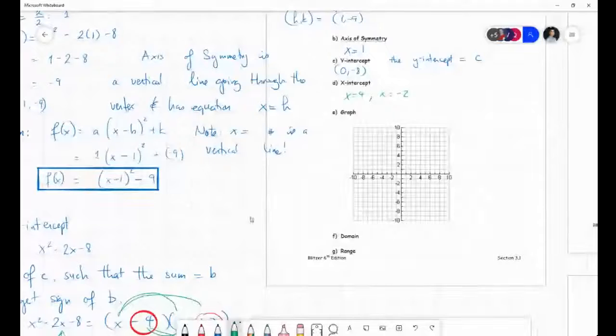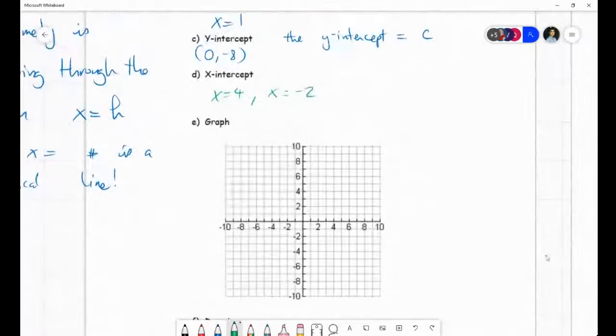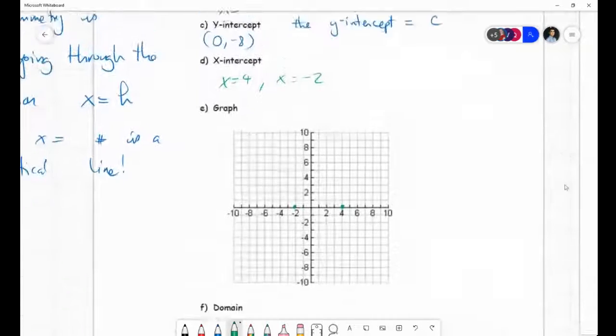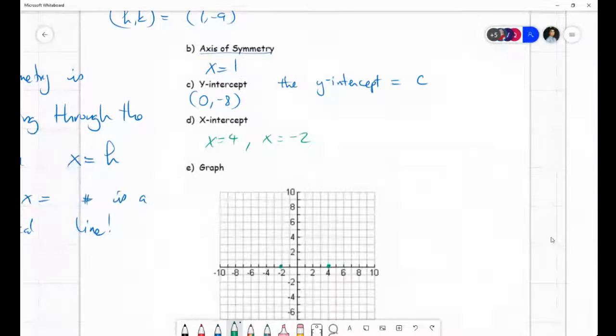Yep. All right, so now finally, let's graph. To graph this, I'm going to put my x and y intercepts in. So 4 and negative 2 are my x-intercepts. The y-intercept is negative 8.